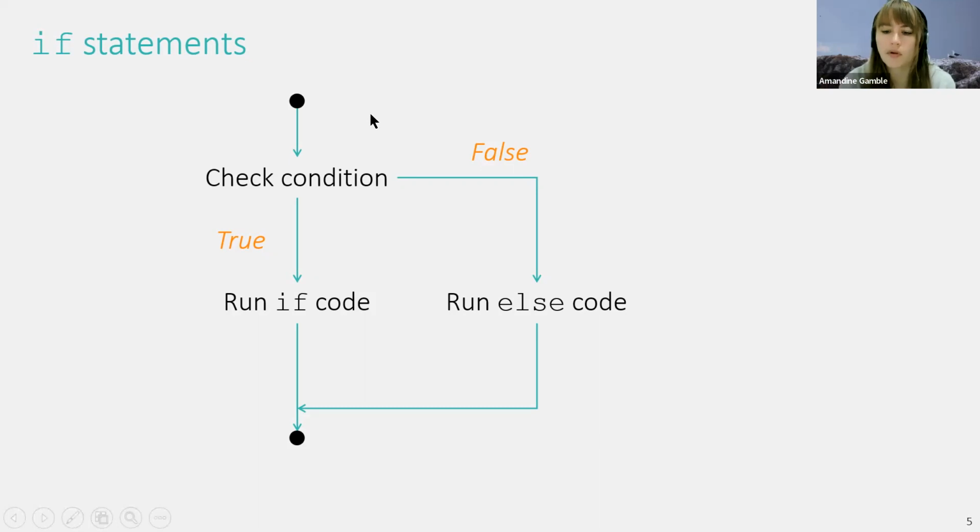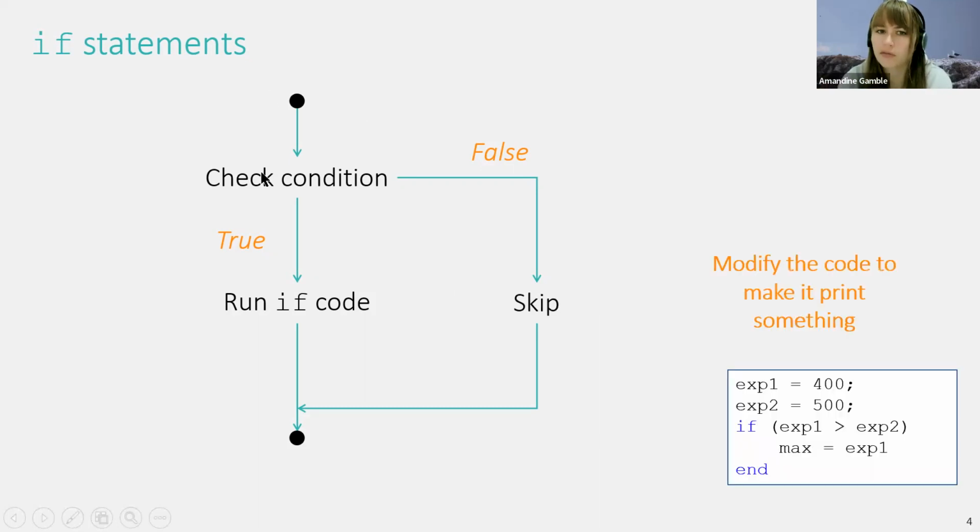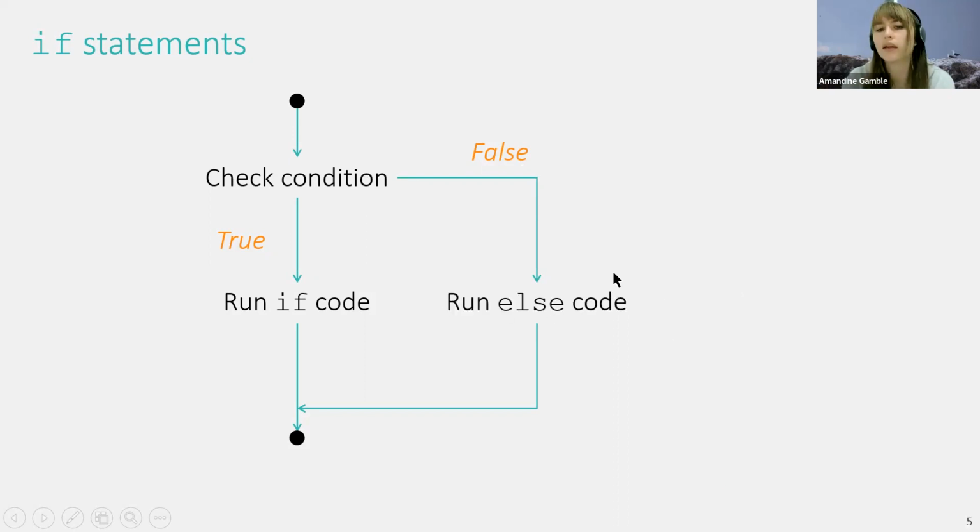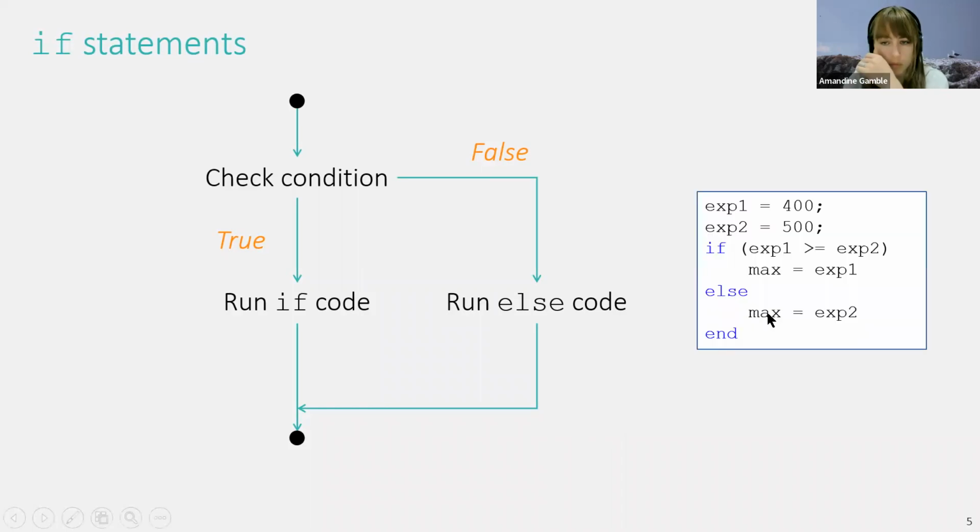Before, if your condition was false, the code was skipped. Here you can provide a piece of code that will be run as an alternative to what is in the if statement.